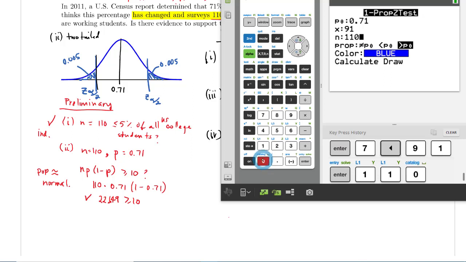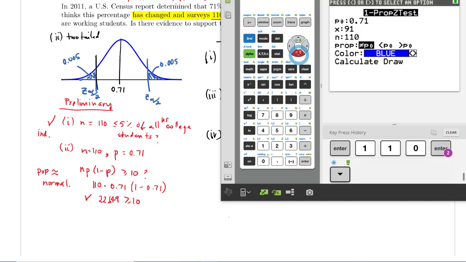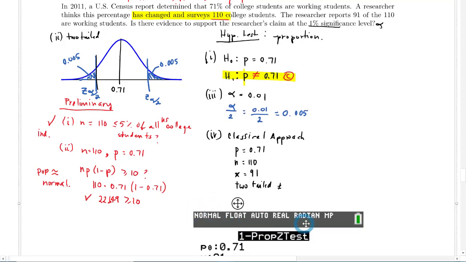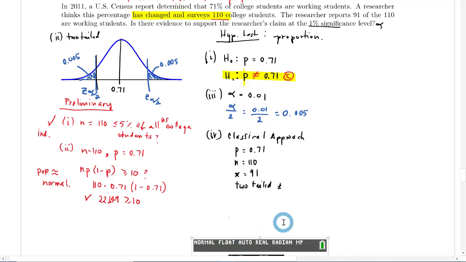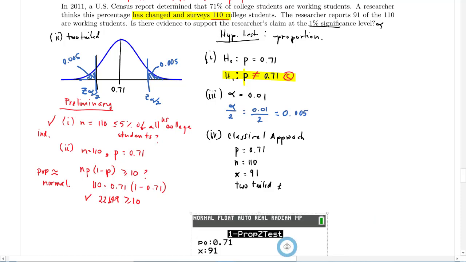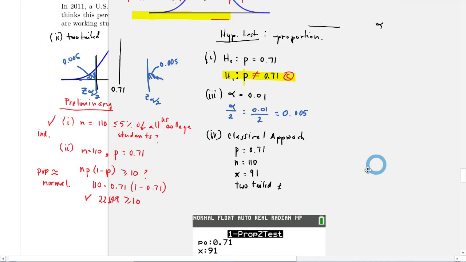Let me go ahead and drag this screen over. Okay, and let's go ahead and hit calculate, and then we get all our data. So let me go ahead and drag this over.